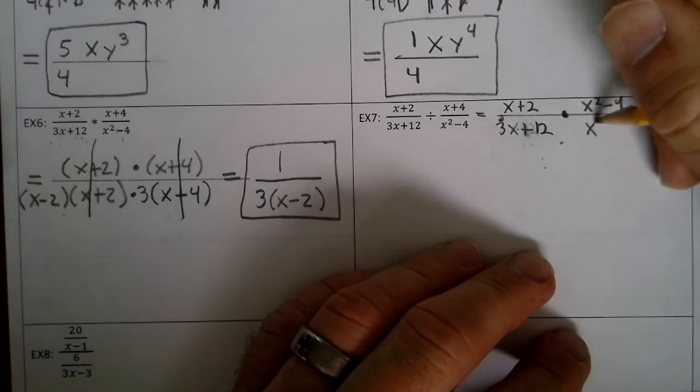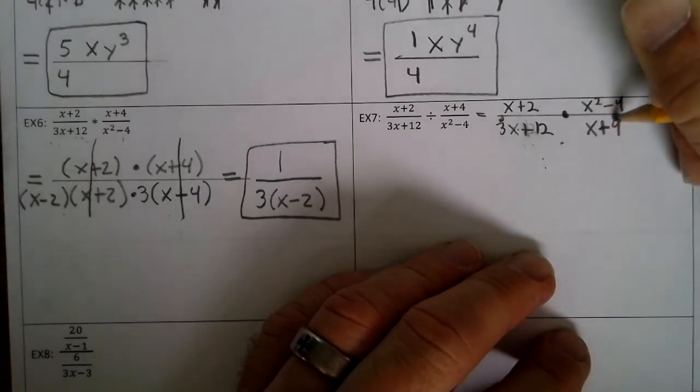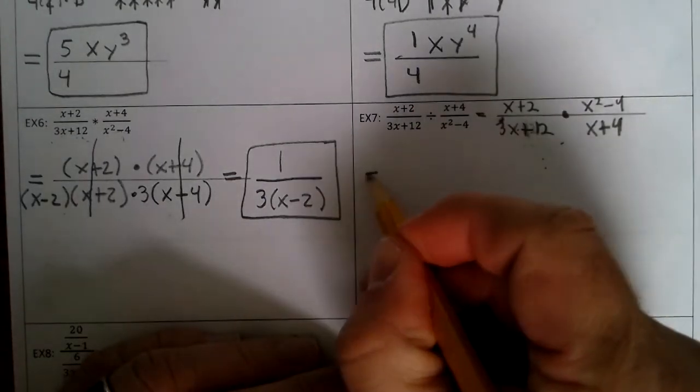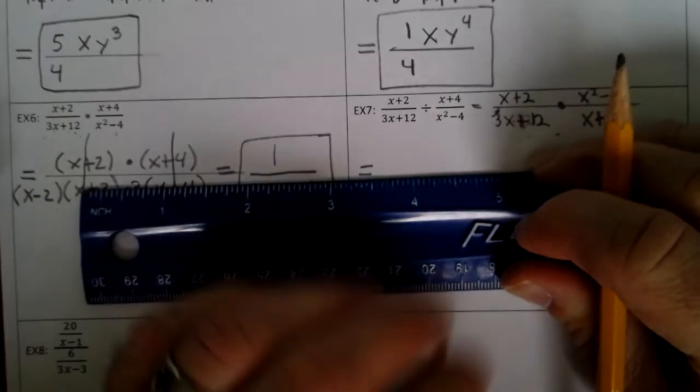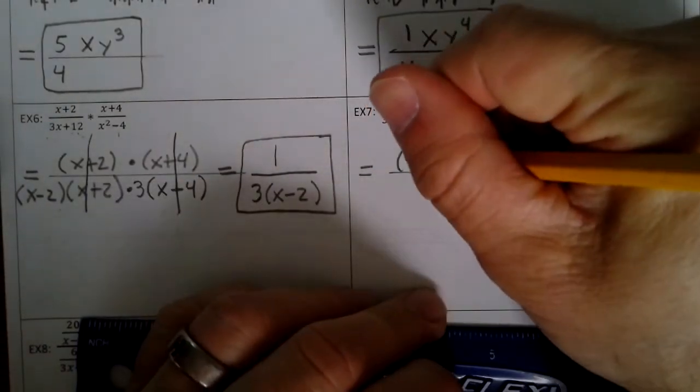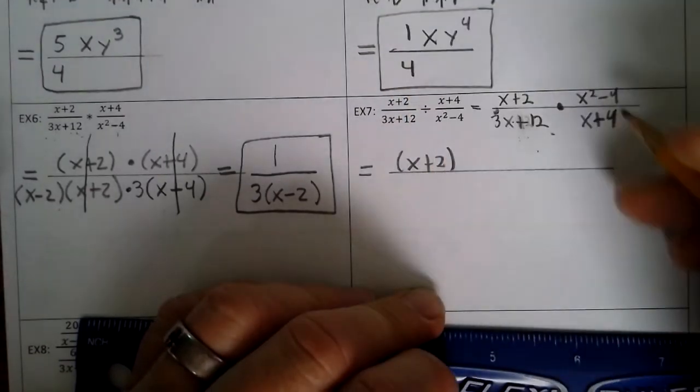Okay, now we need to factor. Well, the numerator, x plus 2 is just x plus 2. X squared minus 4 can be written as x minus 2 times x plus 2.